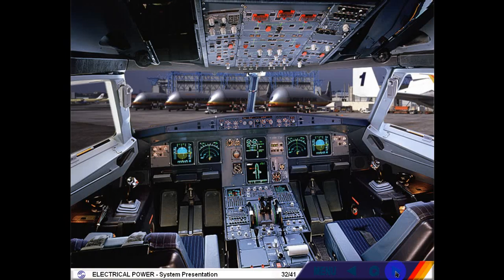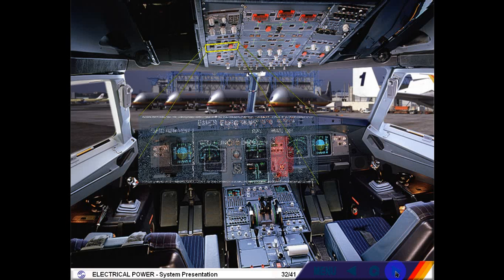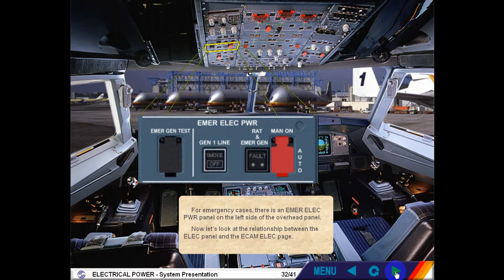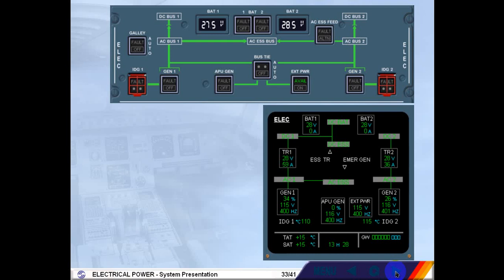For emergency cases, there is an emergency electrical power panel on the left side of the overhead panel. Now let's look at the relationship between the electrical panel and the ECAM electrical page. The battery voltage can be monitored either on the overhead panel or on the ECAM page.